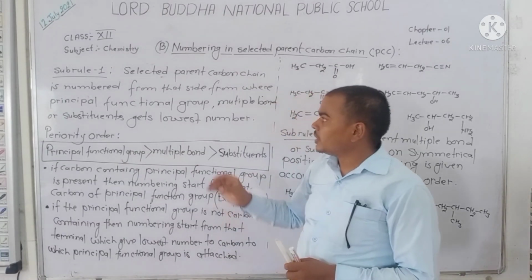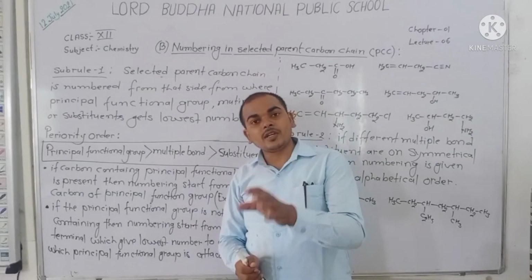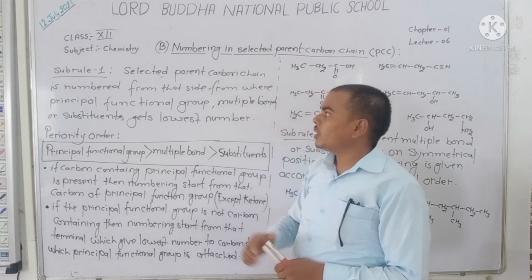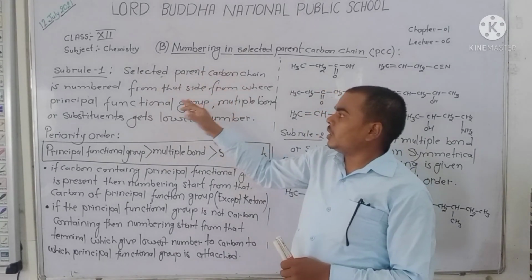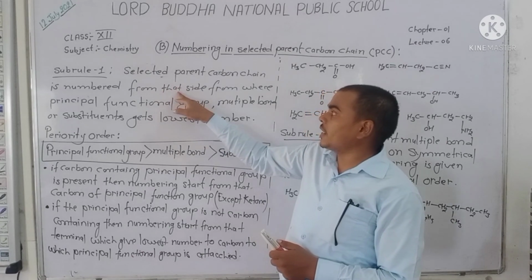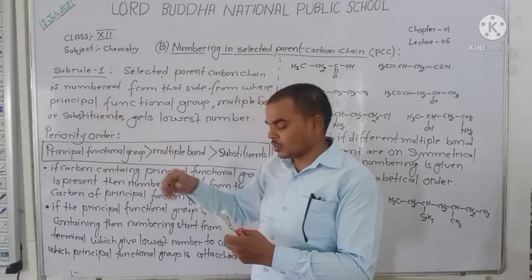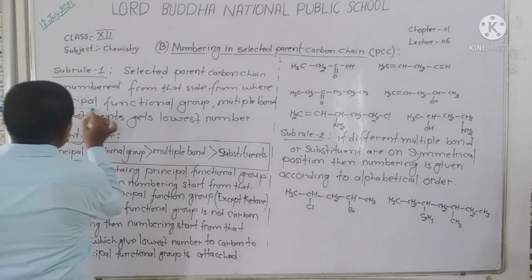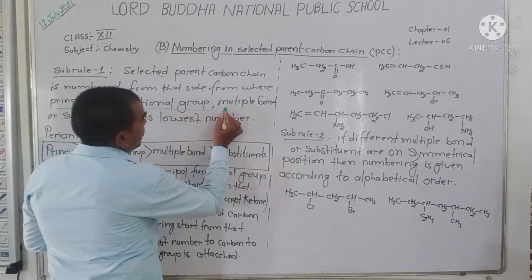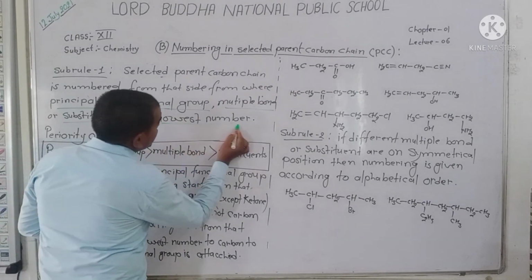The rule is: the selected parent carbon chain, the chain which you already selected according to rule first, is numbered from that side from where the principal function group (PFG), multiple bond, or substituents get the lowest number.